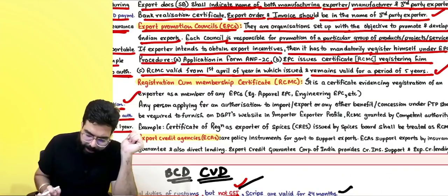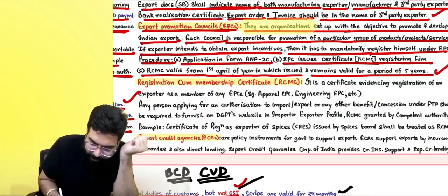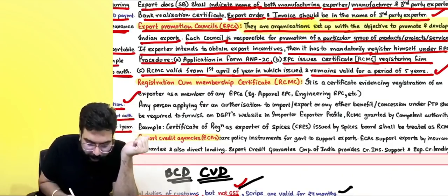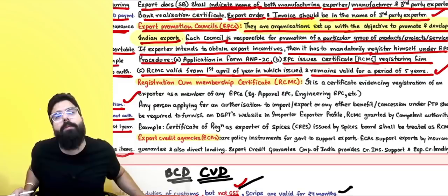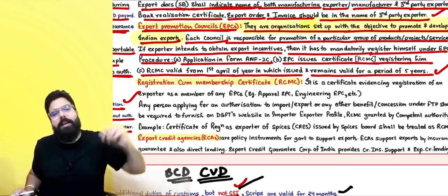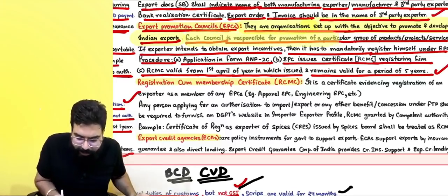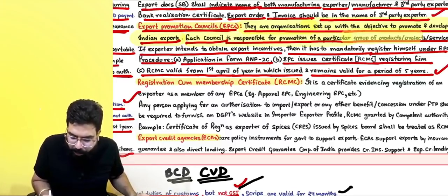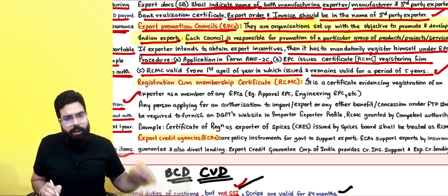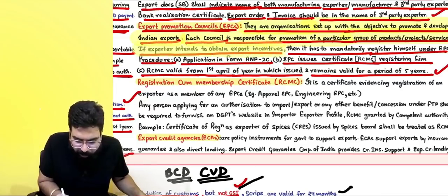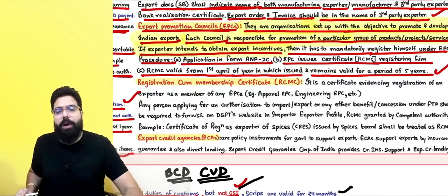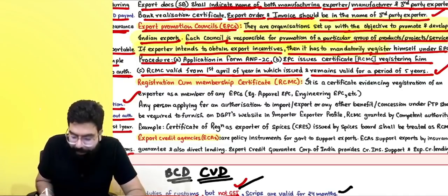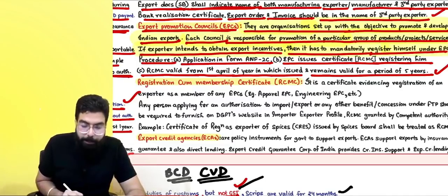So they are telling over here they are organizations set up with the objective to promote and develop Indian export. Basically, the Leather Export Promotion Council will develop the leather export promotion. Each council is responsible for promotion of a particular group of product, project or service. If you want export incentive, you have to mandatorily register yourself under EPC, and this is the procedure.